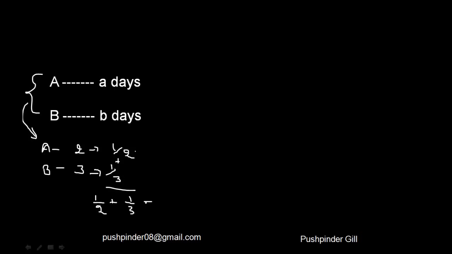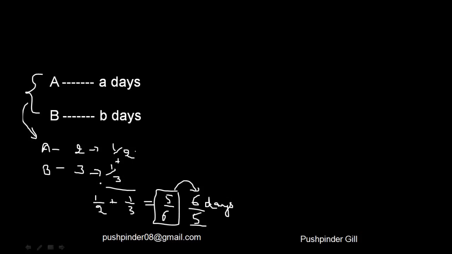If we calculate it, it comes out to be 5/6. So they are finishing 5/6 of the work every day. This is the amount of work finished every day, so the number of days they're going to take to finish the work is 6/5.